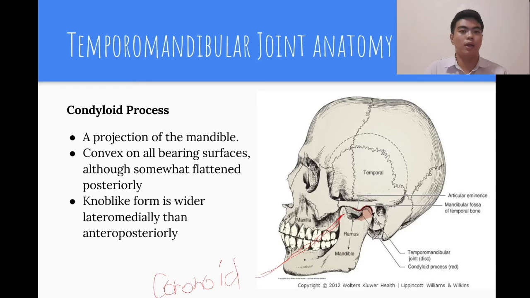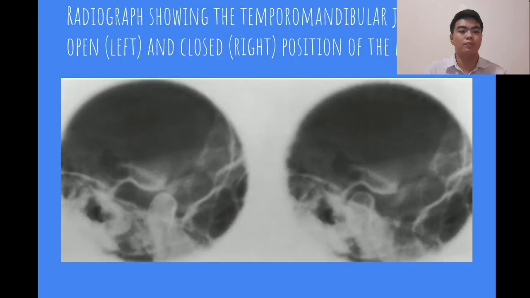Its knob-like form is wider lateromedially than anteroposteriorly. As you can see in this radiograph, it shows the temporomandibular joint in an open position on the left and a closed position on the right. You can notice that the articular disc is not seen in this radiograph because it is a collagenous tissue.